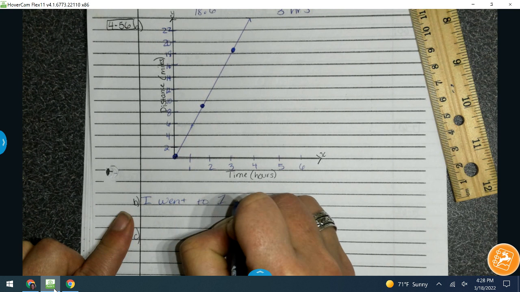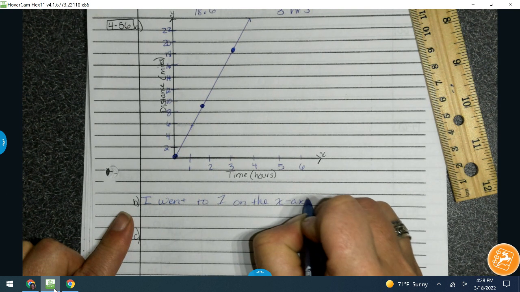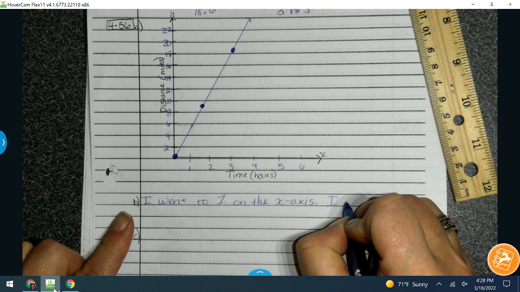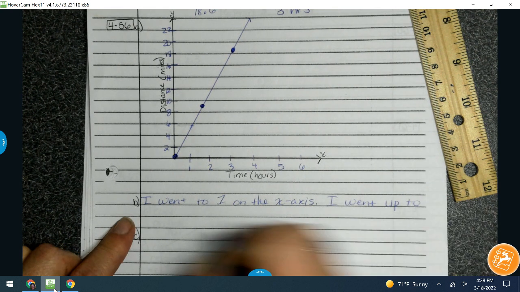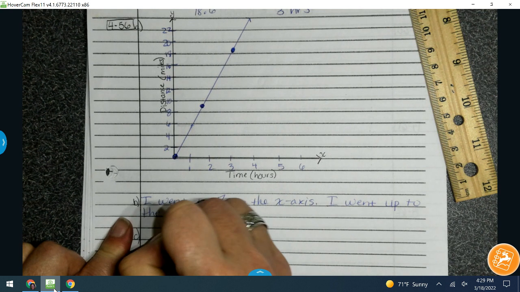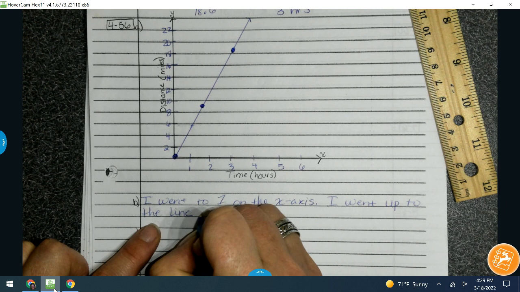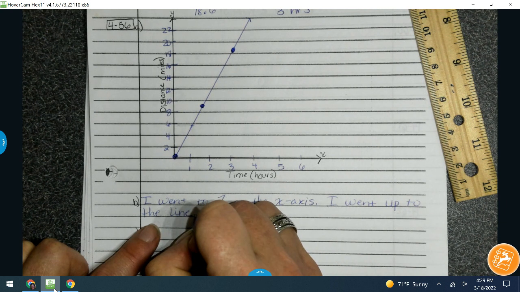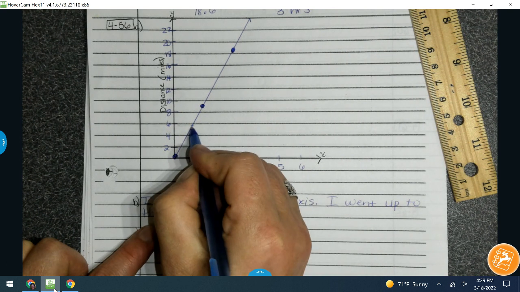I went to 1 on the x-axis. I went up to the line and put a dot.